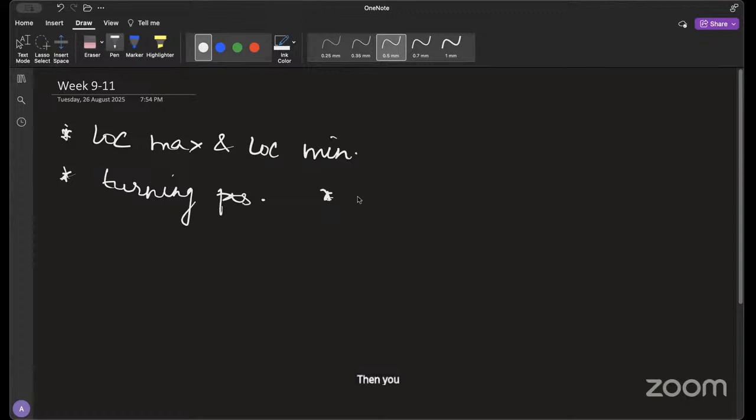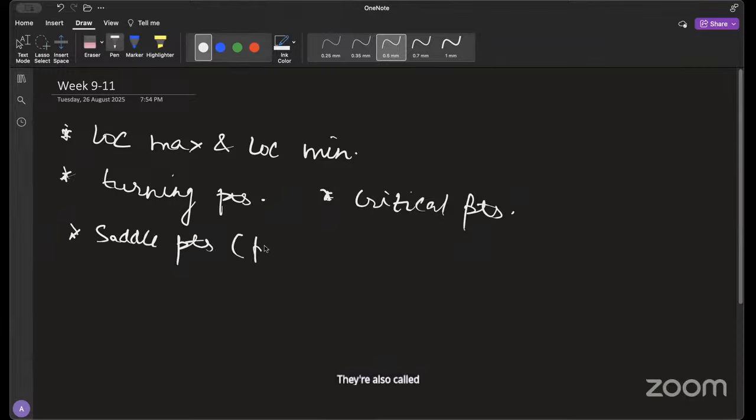Then you have critical points. Ideally, we should discuss critical points first. Critical points, and then saddle points, which are also called point of inflection.